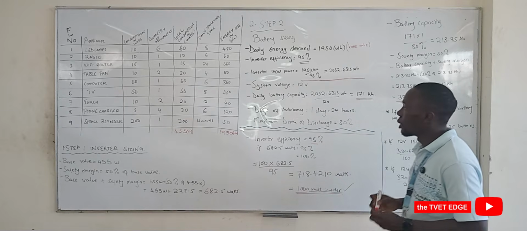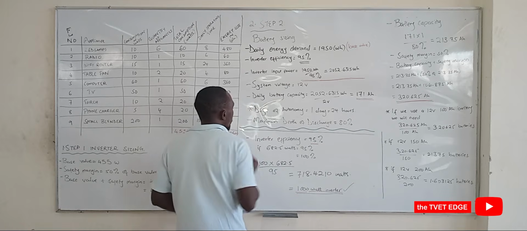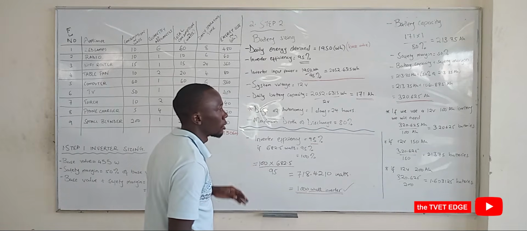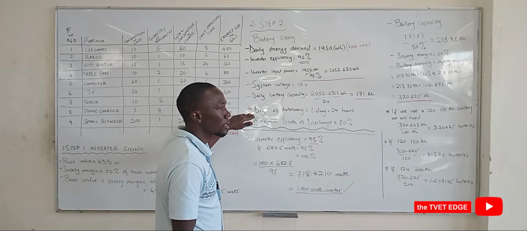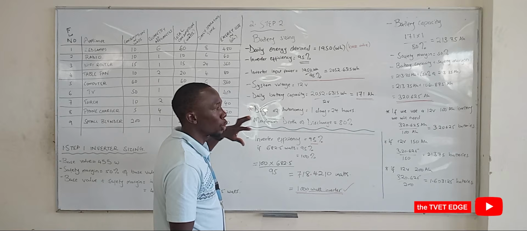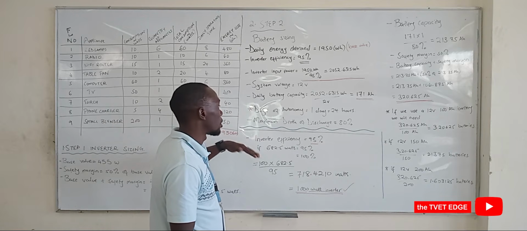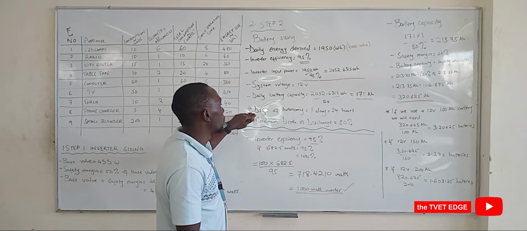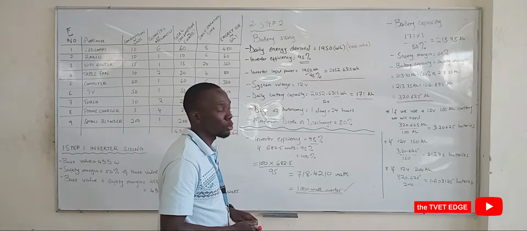Now, another important assumption we are going to make is that because we are in Kenya and almost near the equator, Kakamega, we are assuming that this client will be receiving enough sunlight almost throughout the year, nothing less than 5 hours a day throughout the year. So that means we shall limit our days of autonomy to 1 day, that is equivalent to 24 hours.